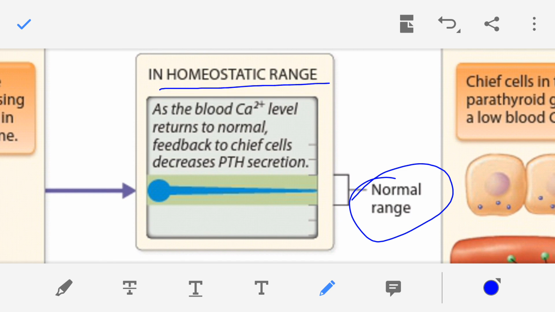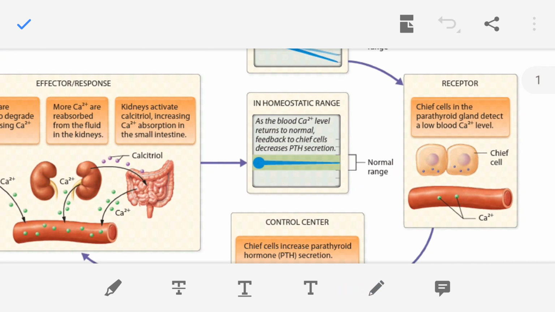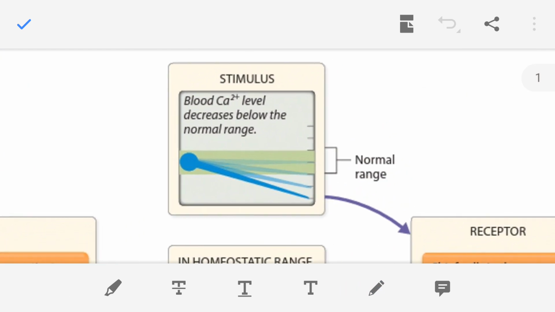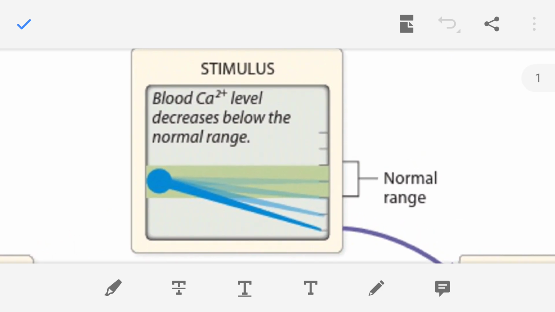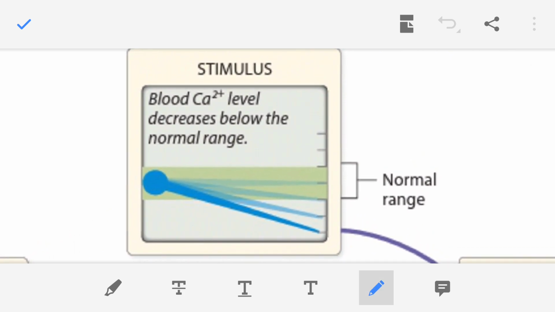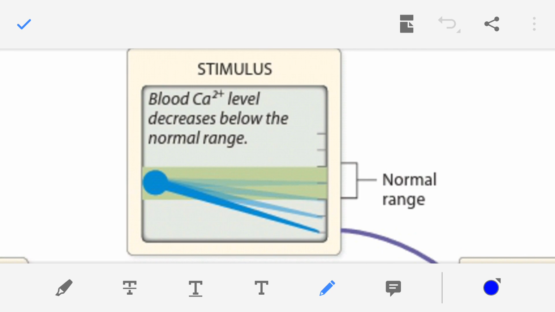This is the homeostatic range. In this homeostatic range, the CO2 level in the blood is normal. Now here in this condition, the blood Ca2+ level is decreasing below the normal range. So this is the stimulus, the stimulus for PTH secretion.